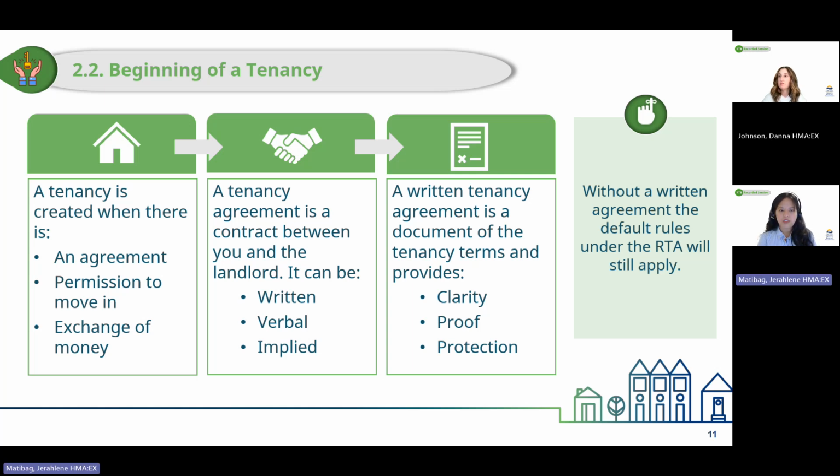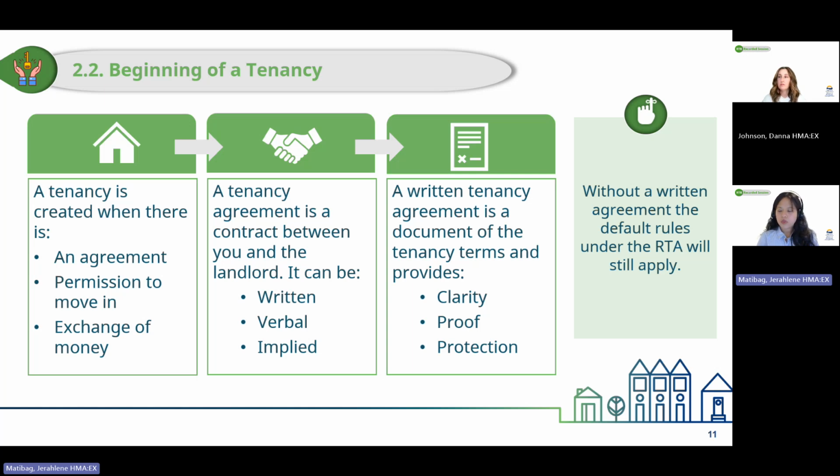So a written tenancy agreement is a document of the tenancy terms and it provides both parties the clarity, the proof, and protection. So what you must know is that the RTA requires that all tenancies must have a written tenancy agreement. However, a written tenancy agreement is not necessary to begin a tenancy because, as we've mentioned, a tenancy is created when there is an agreement, a permission to move in, or an exchange of money.